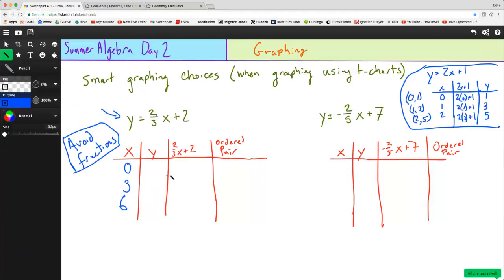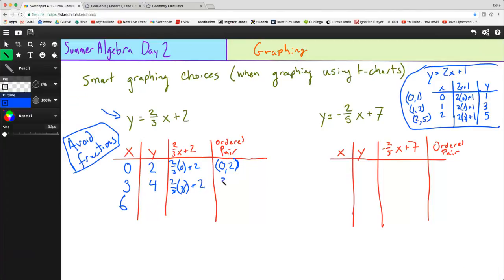So let's see what happens. 2/3 times my x of 0 plus 2. Well, that's going to give me 2. So my ordered pair is (0, 2). With 3, I get 2/3 times 3 plus 2. So I'm going to cancel there, and I get 2 plus 2 is 4.